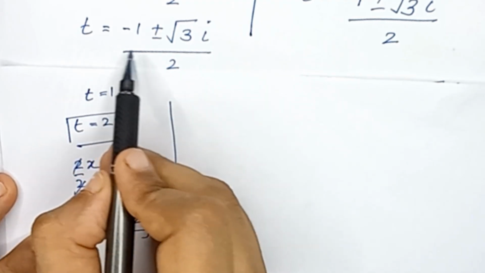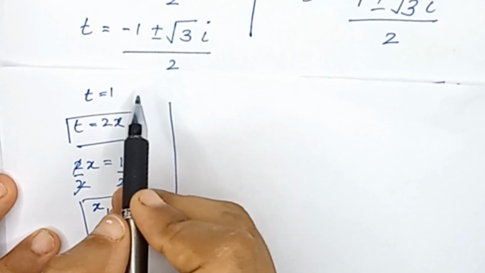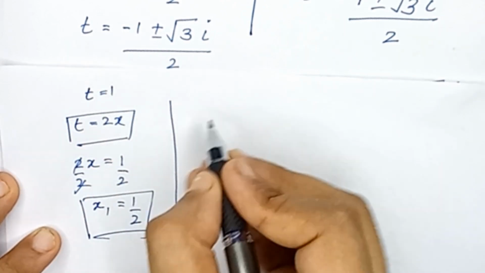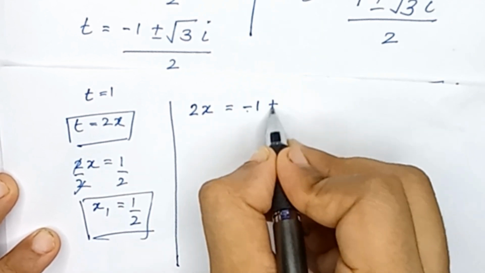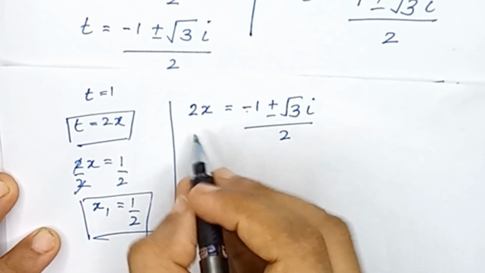Here we have t is equal to minus 1 plus minus square root of 3 iota, divided by 2. So when we substitute t is equal to 2x, it will become 2x is equal to minus 1 plus minus square root of 3 iota, divided by 2.